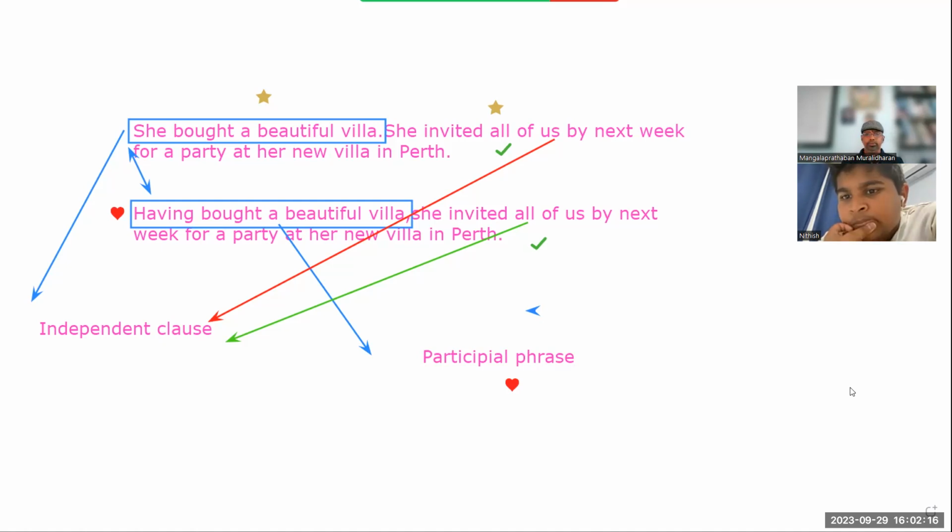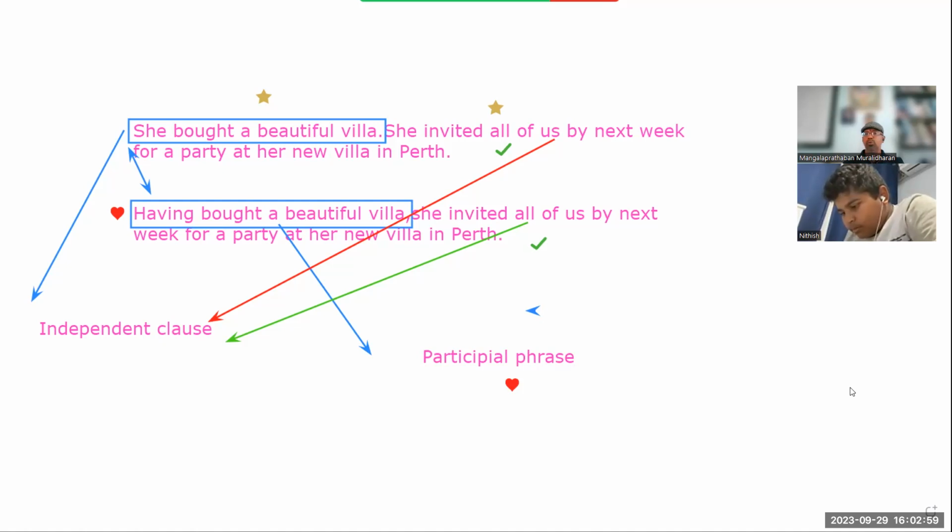Okay, clear? Do you have any doubts, my dear boy? Can I say the meaning of participial phrase and independent clause? So what is a participial phrase? The present participle is having, have plus ing, present participle.